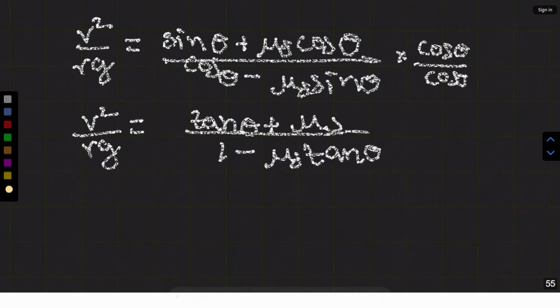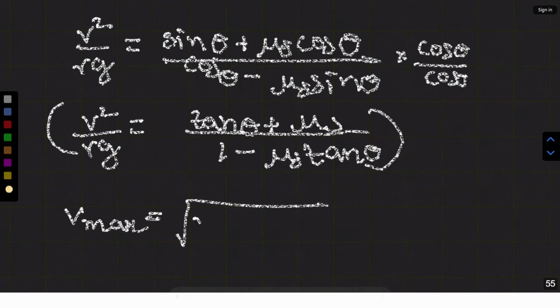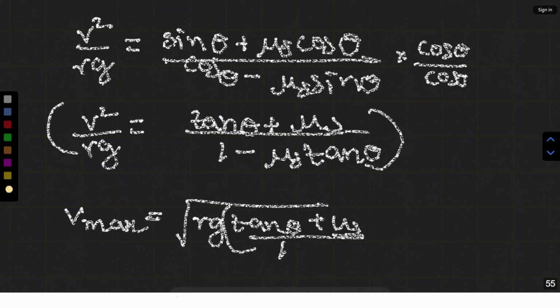And this is what we have used before. And if they ask for safe maximum velocity, we found it to be the square root of rg times tan theta plus mu s by 1 minus mu s tan theta.